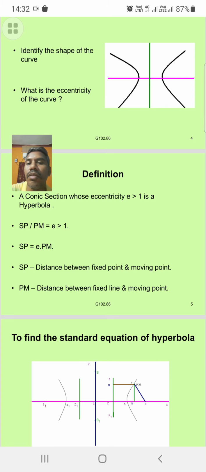If we cut the cone horizontally, then we get a circle. In the same place, if we cut with a particular angle, we get an ellipse. In the downside, if we cut at a particular angle, we get a parabola.